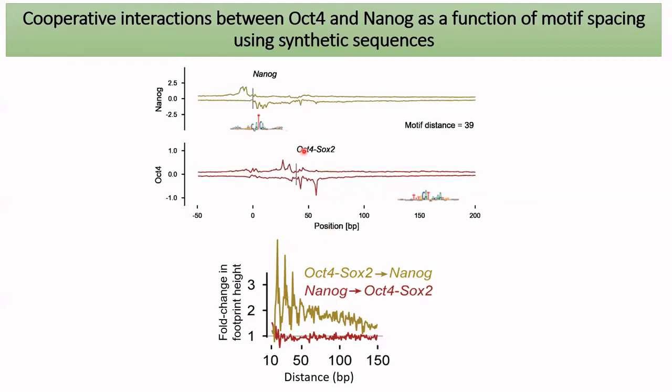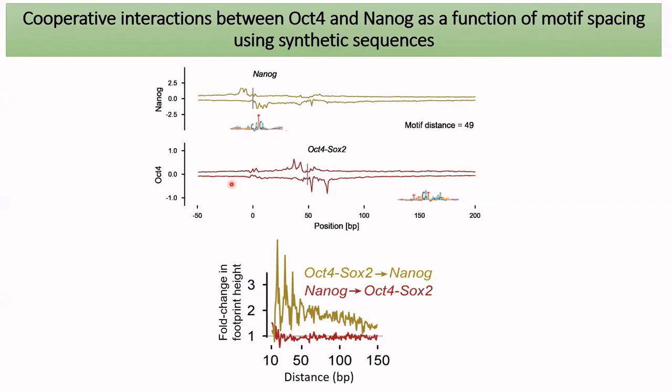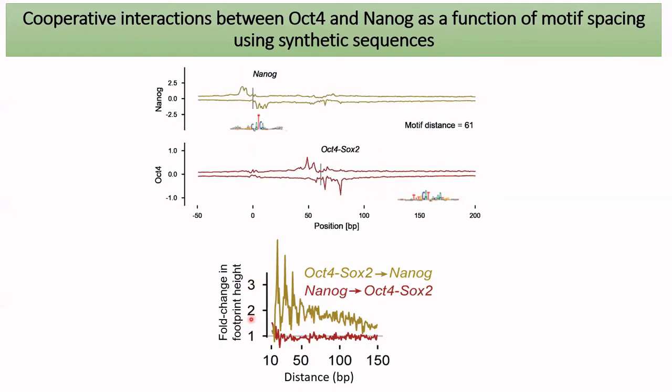And we can, of course, do this millions of times with various kinds of backgrounds to make sure that we're not sensitive to the background sequence being used. And what you end up seeing is some really interesting behavior. So on the y-axis is the change in the footprint height as a function of distance between the two motifs.